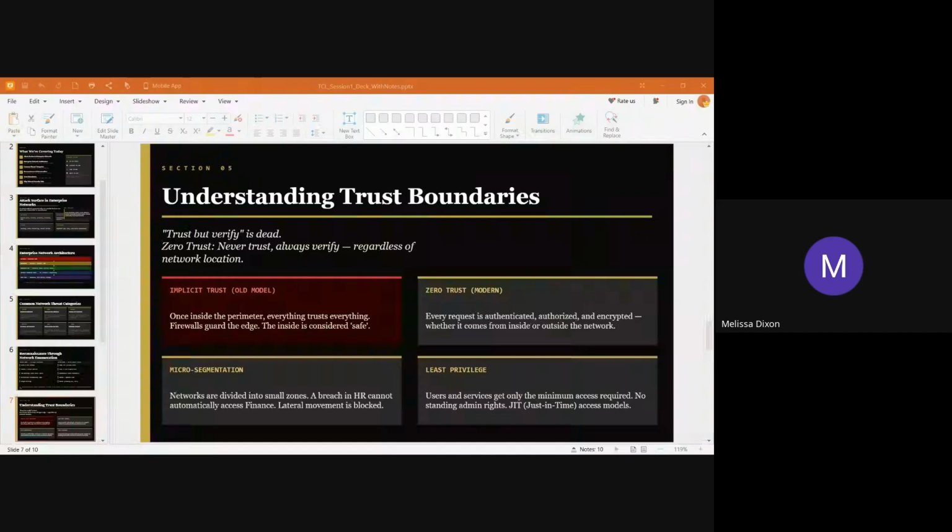And then we have least privilege. Users and services get only the minimum access required. No standing admin rights, just-in-time access models, that sort of thing. They only get the information they need in order to do their jobs correctly.